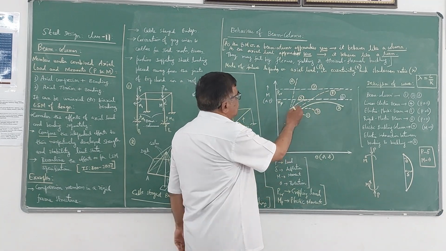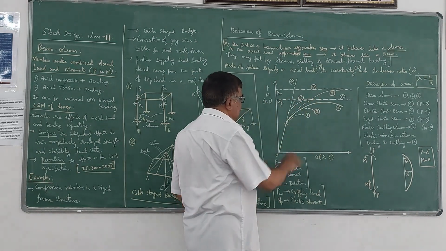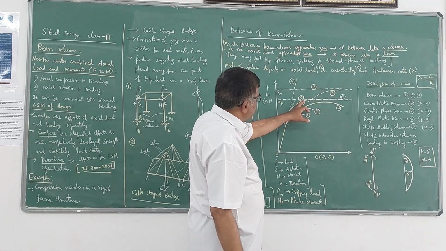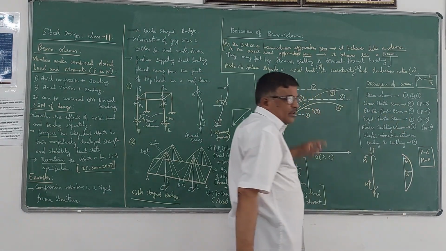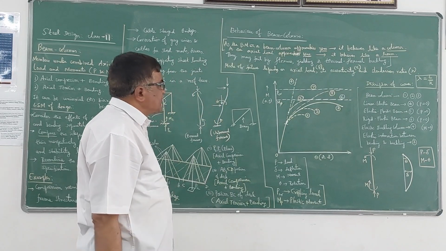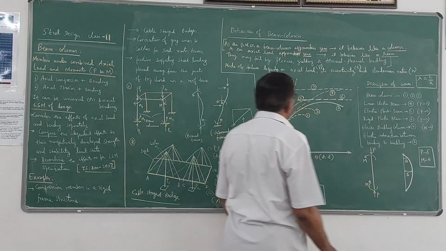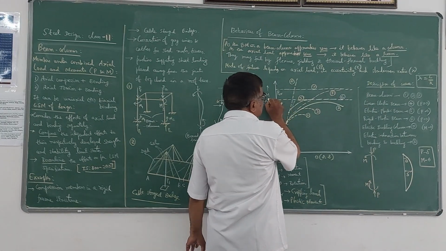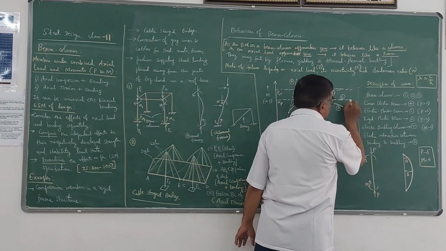So it joins this MP value, the highest value of plastic moment. That type of beam is called an elastic plastic beam. Next, the sixth one, rigid plastic beam. Rigid plastic beam means that this entire line itself represents the rigid plastic beam.